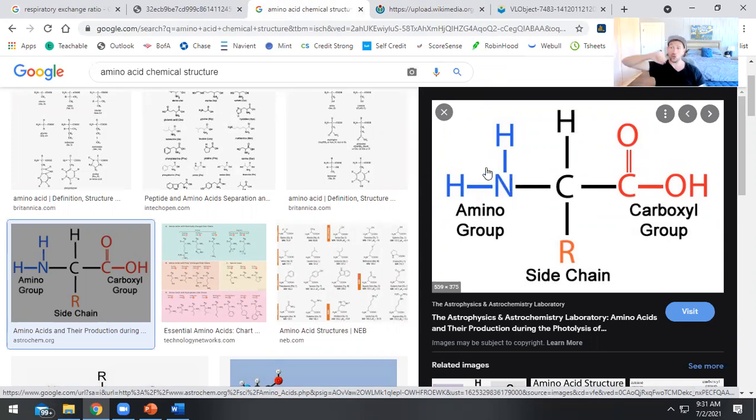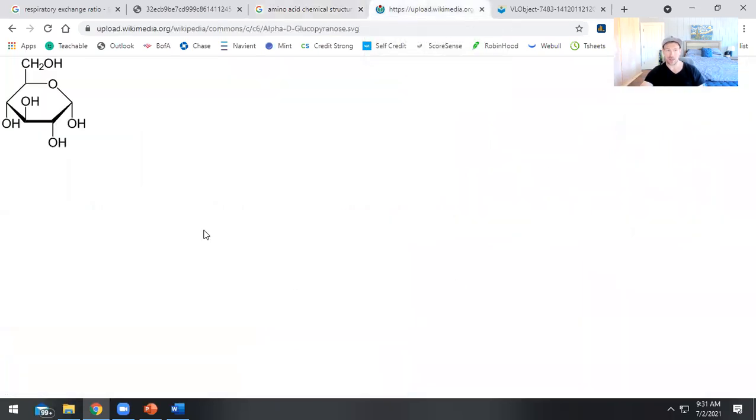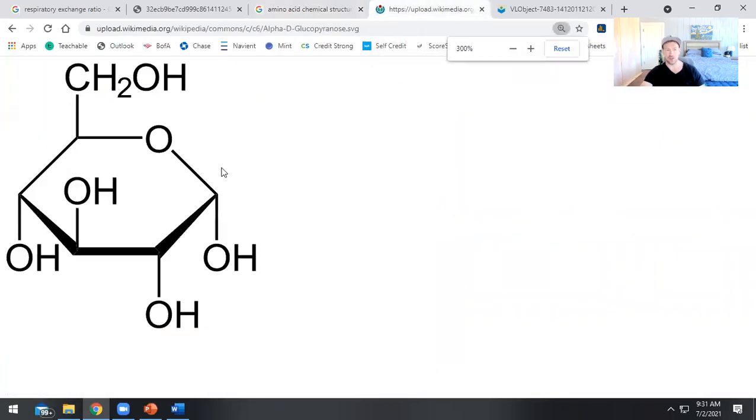It can just pull the nitrogen right out of the body of the amino acid. It will change its shape, and then it will turn it into a molecule of glucose. So it will literally take an amino acid and turn it into carbohydrates.